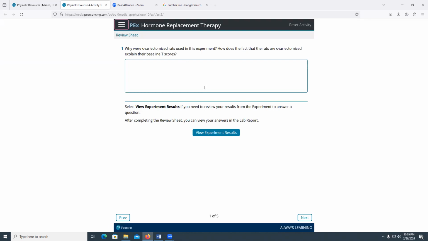Why were ovariectomized rats used in this experiment? So we know that the ovaries produce for us the essential hormone estrogen. And we know that estrogen is implicated, actually required, in the stimulation of bone growth.